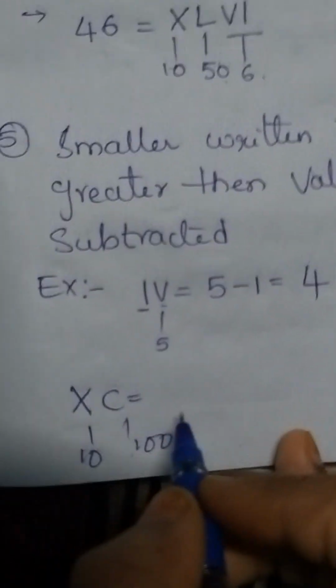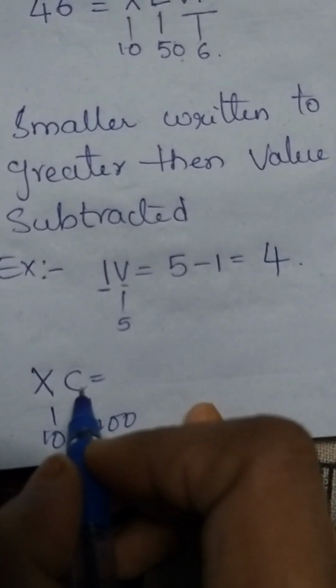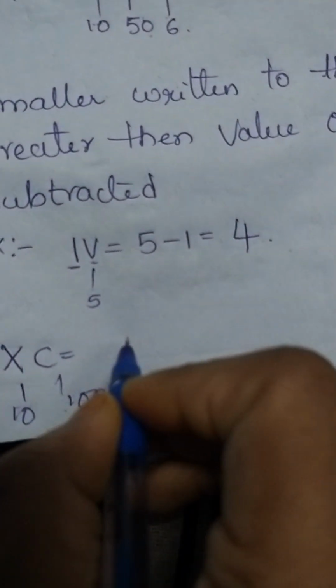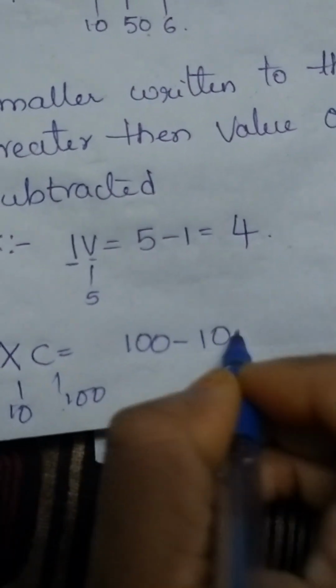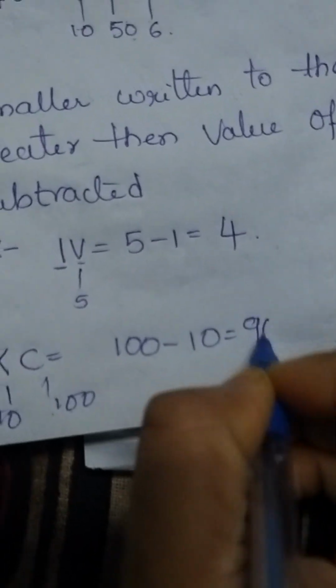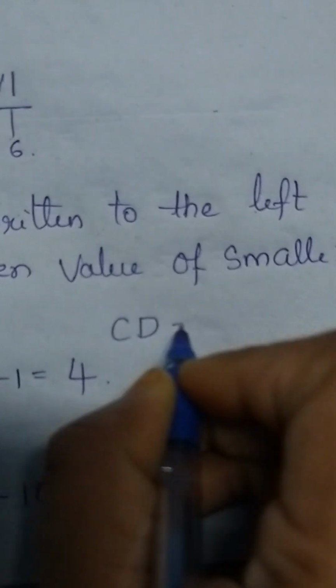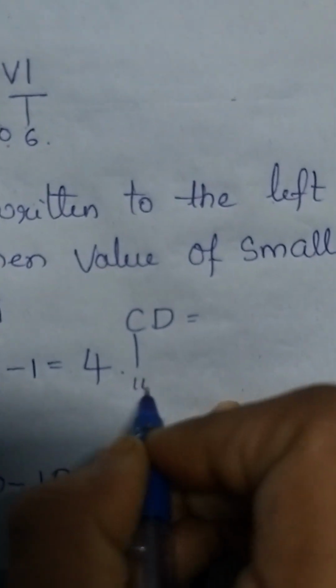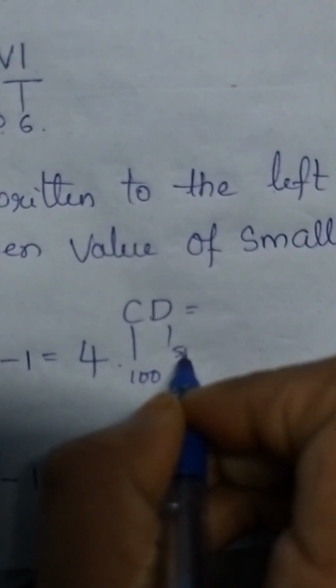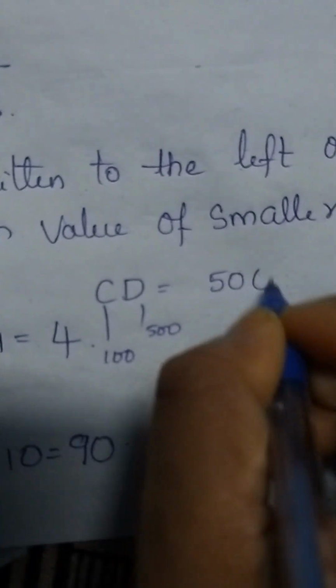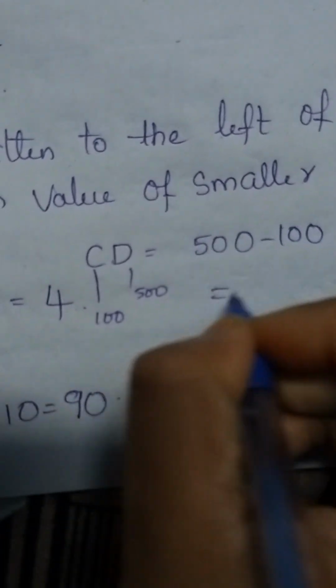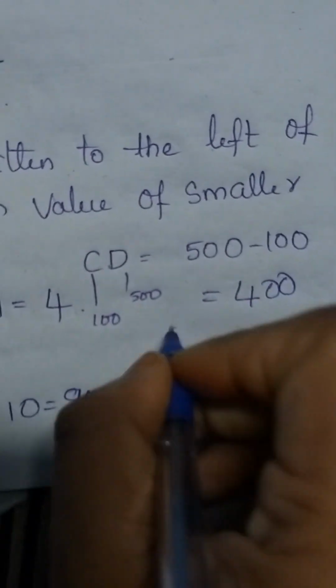Smaller is left and greater is right. So 100 minus 10, that is 90. Another example is CD. C is 100, D is 500. 500 minus 100, that is 400.